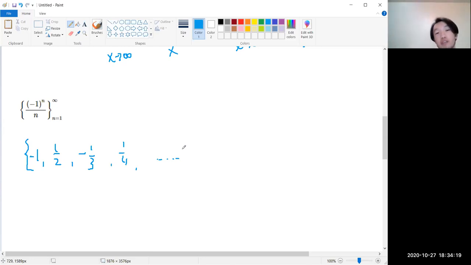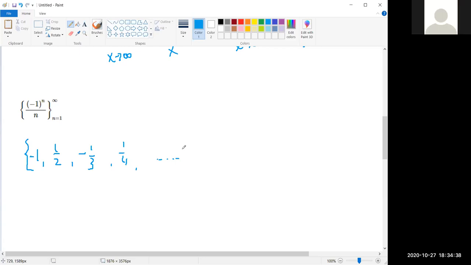I honestly don't think it's going to go to infinity because the numbers are getting smaller. So probably not infinity. People are saying 0. Yeah, I think it's probably going towards 0 because the numerator is staying the same, but the denominator is getting bigger. So it's probably going to 0.